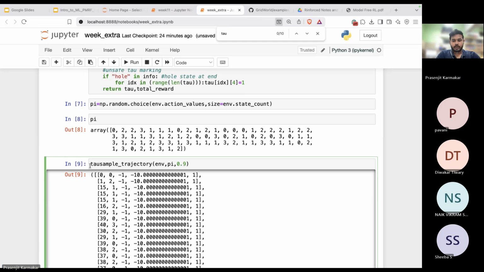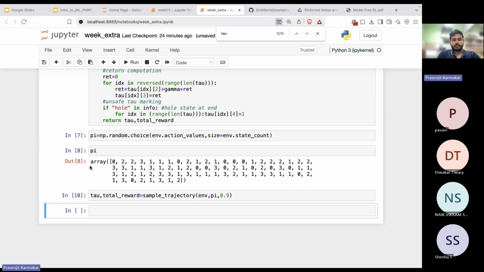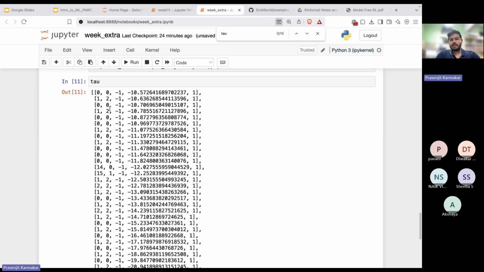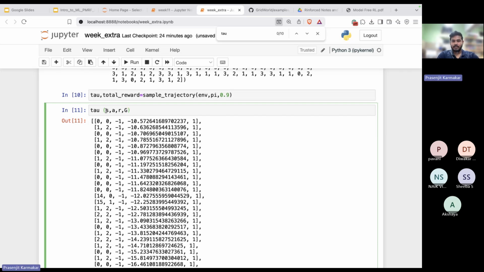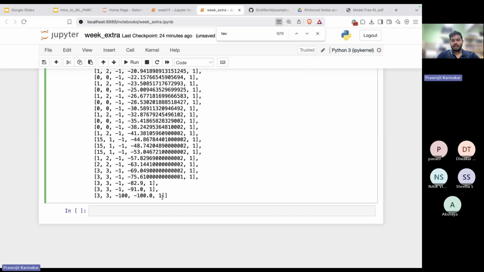And tau is actually the entire set of tuples S, A, R, G. G means the return of that state, and then done or not done. It is not done, not done, not done. At the end, it will get finished.